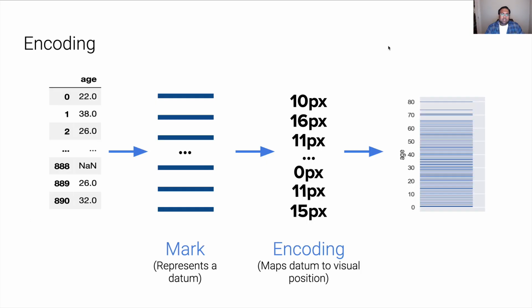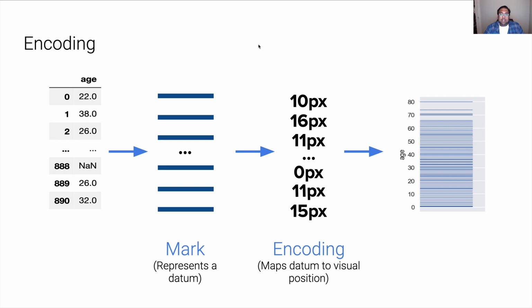This slide describes the process of going from a set of data to a visualization. What we first do is for each of our pieces of data, one of which is called a datum, we choose a marking for that piece of data. In this case, we're creating this rug plot over here on the right, so the marking for each piece of data is a single line.